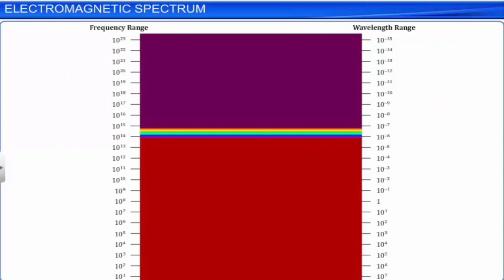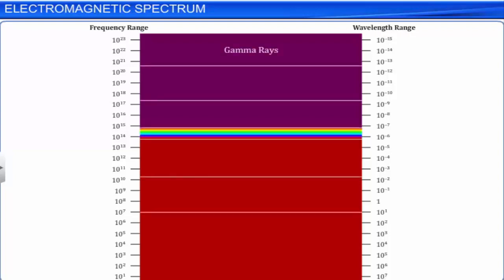In the increasing order of wavelength, the waves are gamma rays, X-rays, ultraviolet rays, visible light, infrared waves, microwaves, and radio waves. The classification is based on the production or detection of these waves, as otherwise there isn't a sharp distinction between the different kinds of waves.